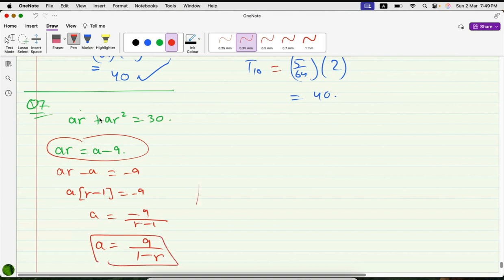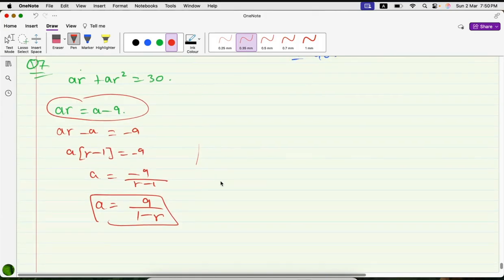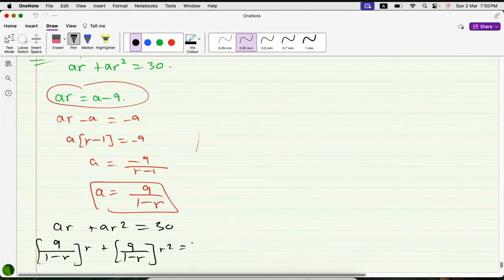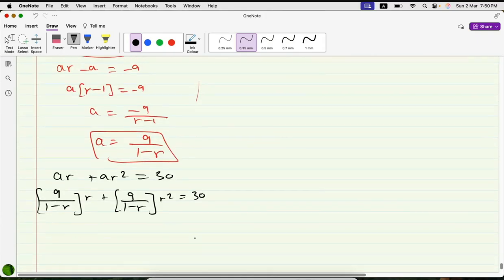Now I'm using this A in the first equation, which is AR plus AR square is equal to 30. A is 9 over 1 minus R times R plus 9 over 1 minus R times R square is equal to 30. Now there's only one unknown.